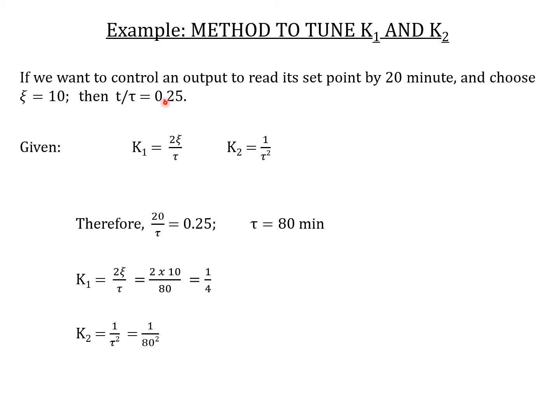This is taken from the graph. From the graph, we say we want the set point reached within 20 minutes, then we choose the zeta, and from there we choose what t over tau should be. This is a common graph, normally used for GMC, and it is accurate enough in most cases.